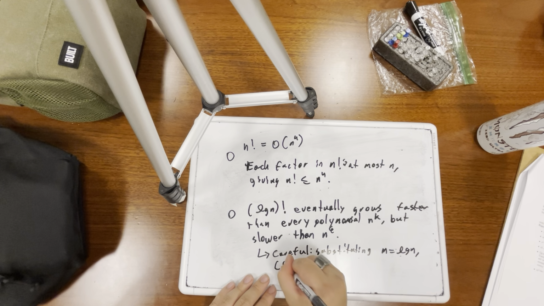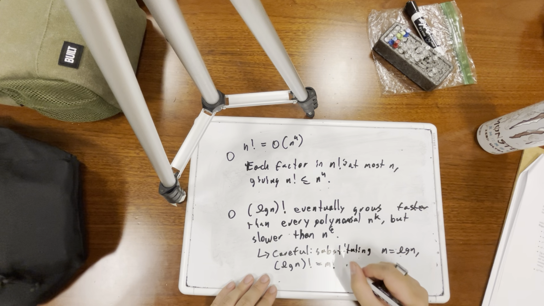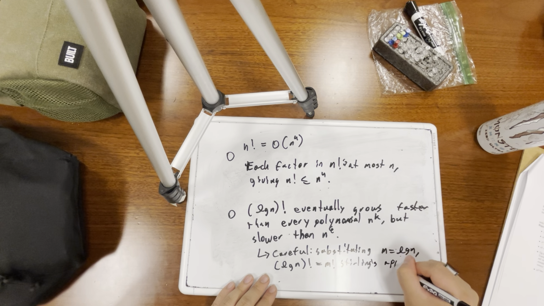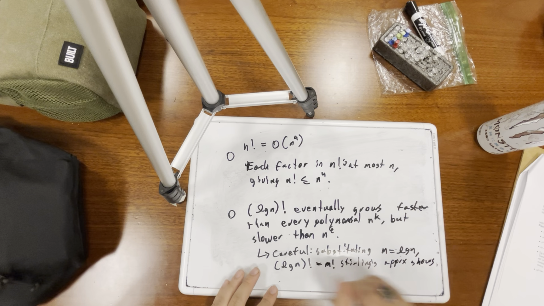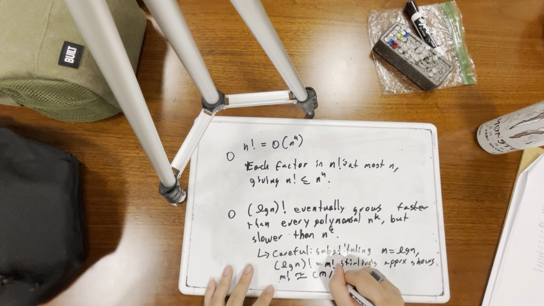Well, that gets you that (log of n) factorial is equal to m factorial. Stirling's approximation shows m factorial is roughly equal to (m divided by e) to the m.